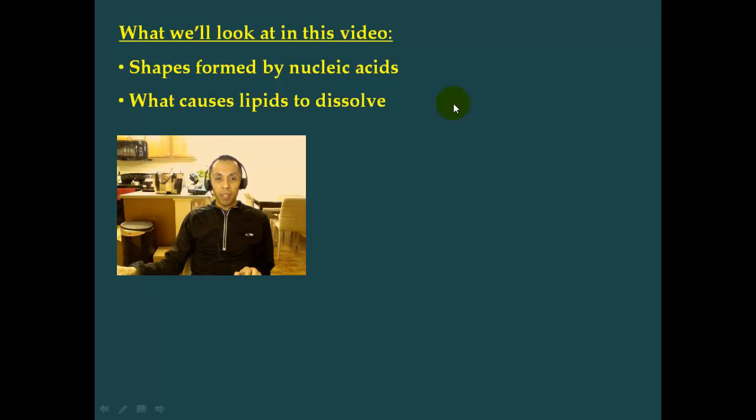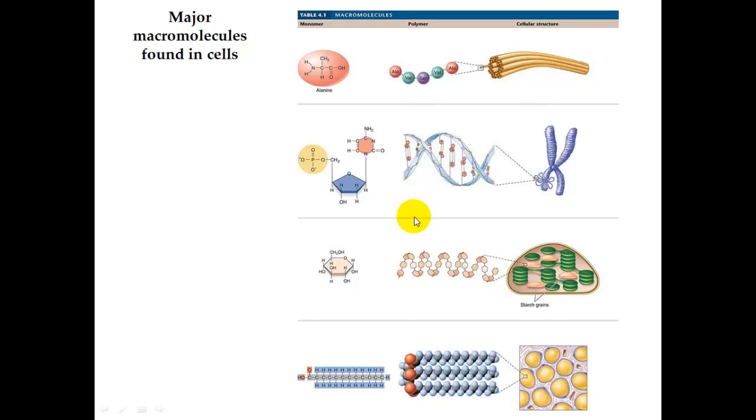Before we jump in and take a look at these concepts, we'll first do a quick review of what you should have already learned in the knowledge check assignment on the molecules of cells. If you have been studying effectively and understanding everything up to this point, you should be able to identify what these molecules are.